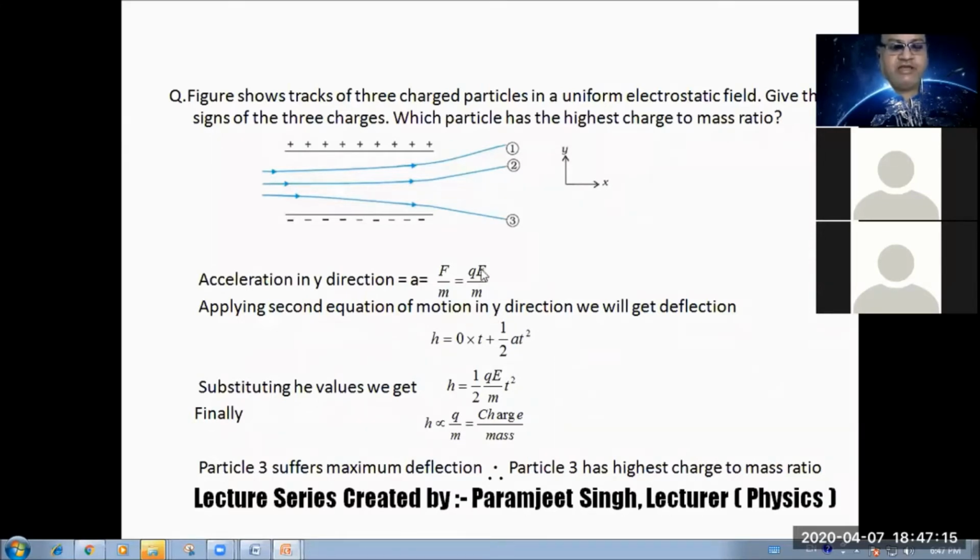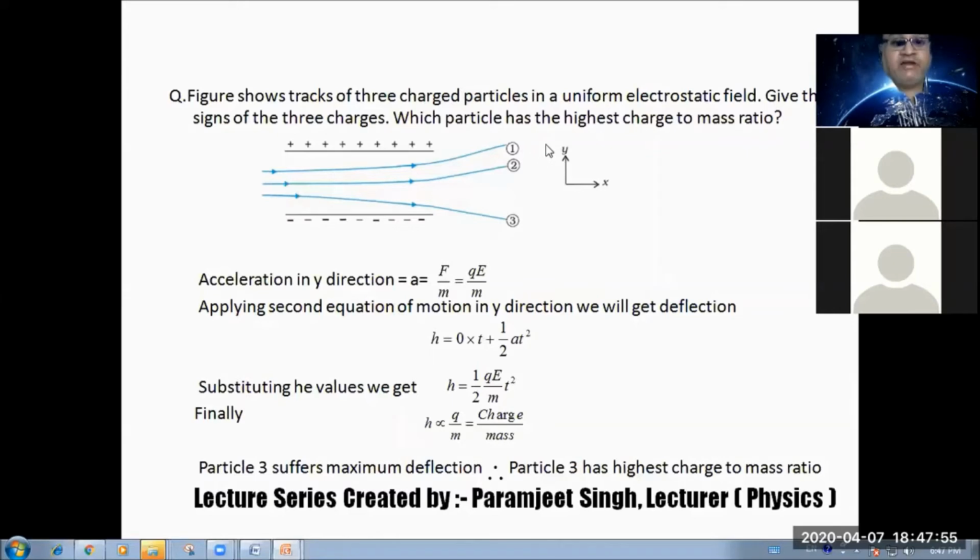Here a is QE by m, so half QE by m t square. We have substituted the value of a. So h is equal to 1 by 2 QE by m t square. Now see, 1 is constant, 2 is constant, E is constant, t is constant. So what is the result? h is directly proportional to q by m, that is charge over mass. And h is the distance traveled by the particle along the y direction.